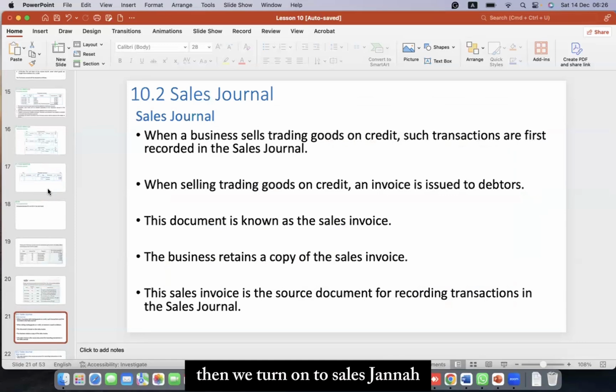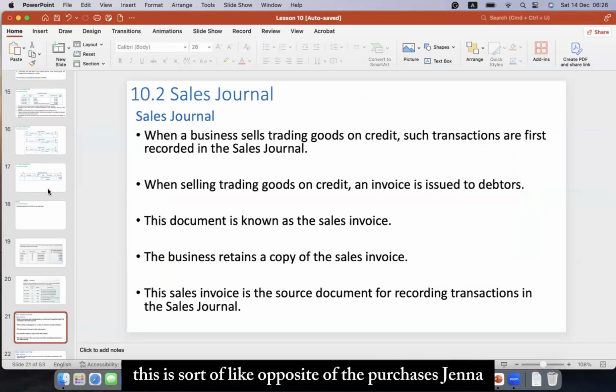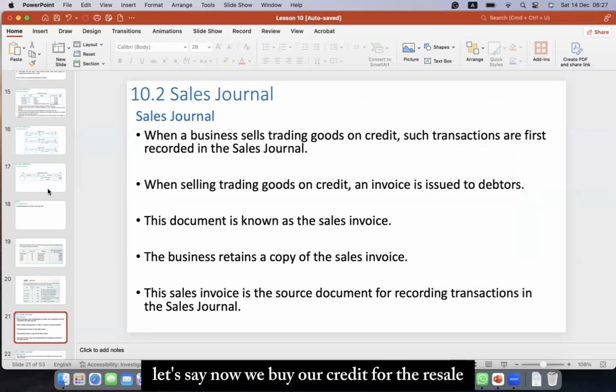Then we turned to the sales journal. What is the sales journal? It is the opposite of the purchases journal. We buy on credit for resale; similarly, businesses have goods bought for trading purposes that they sell on credit.